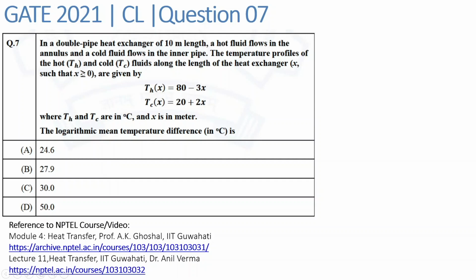The temperature profiles of the hot TH and cold TC fluids along the length of the heat exchanger X such that X is greater than 0 are given by these two equations, where TH and TC are in degrees Celsius and X is in meter. The logarithmic mean temperature difference in degrees Celsius is, so we have an MCQ type of question and we have been asked to find the log mean temperature difference LMTD for this double pipe heat exchanger.